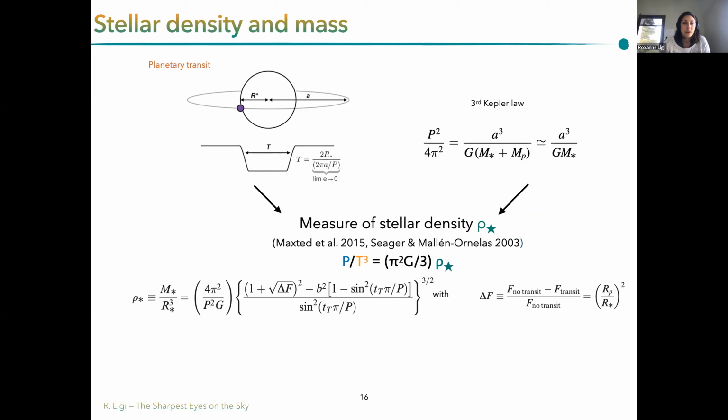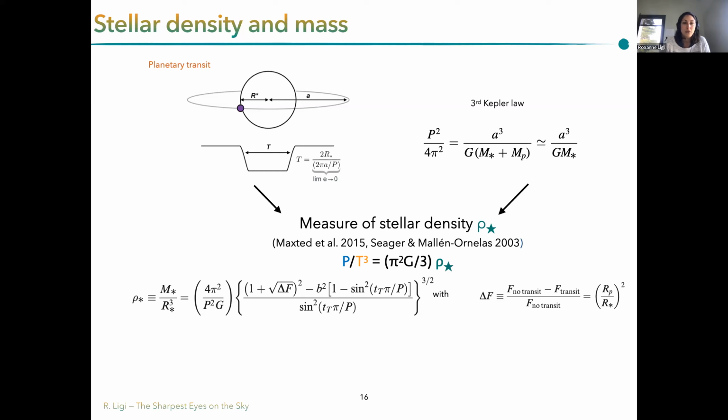Usually, it's very difficult to have a direct estimate of the mass, because except in a specific context or specific system, it's not possible, in a binary, for example. When you have a planetary transit, the light curve can give you information.